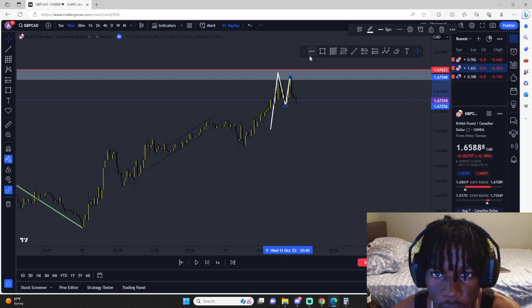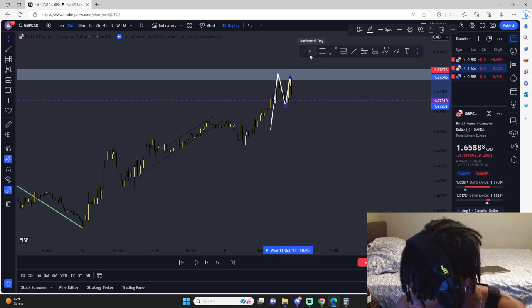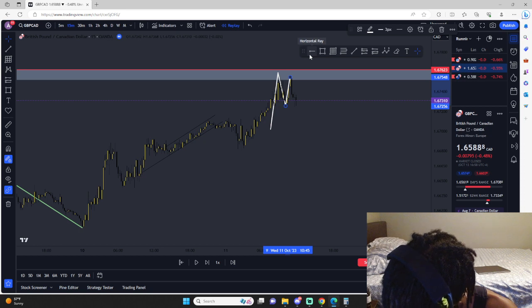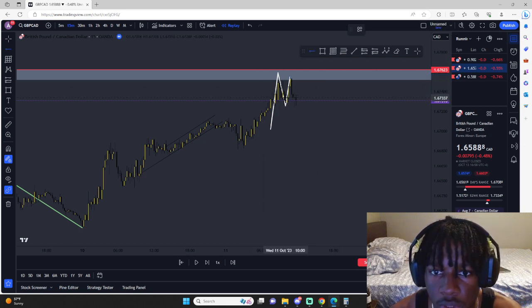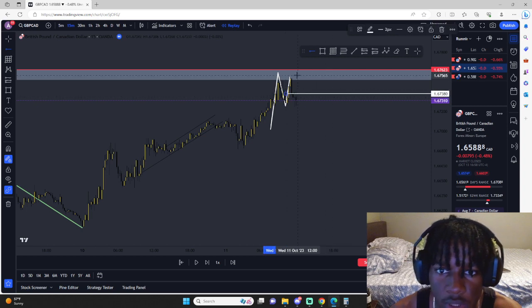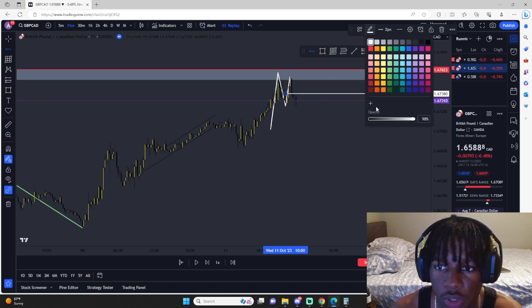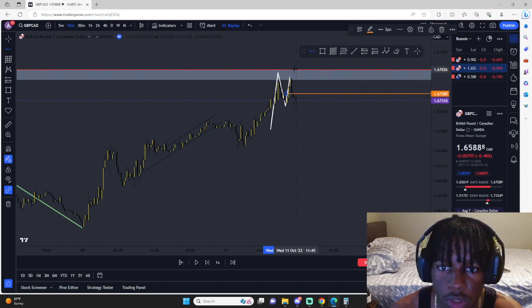So at this point, I think my entry, let me look at my entry. 738. So 738 was my initial entry, which I think was around here. So 738, first entry. Let's make that orange.